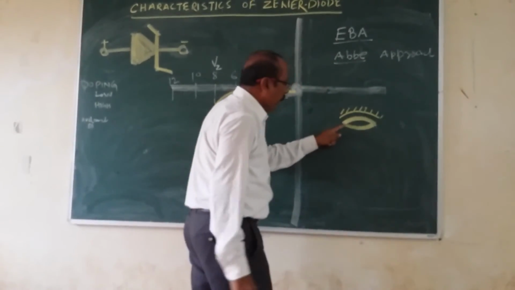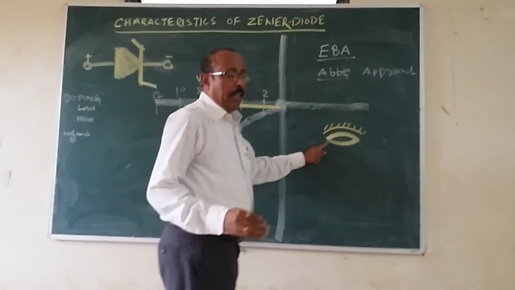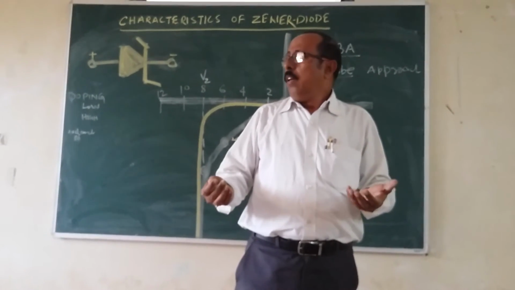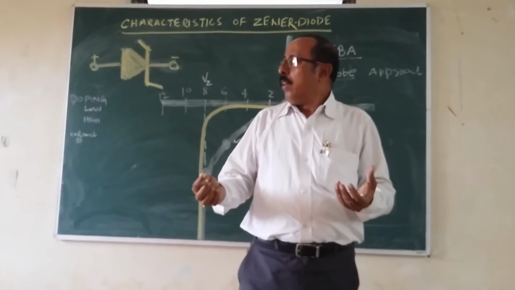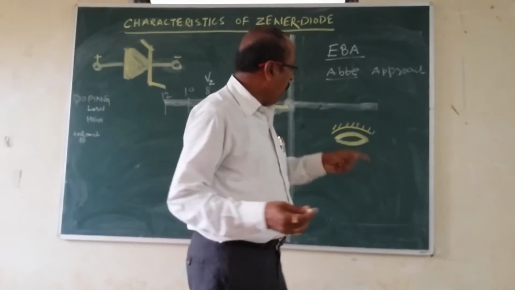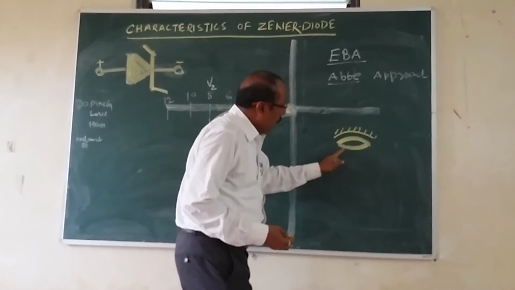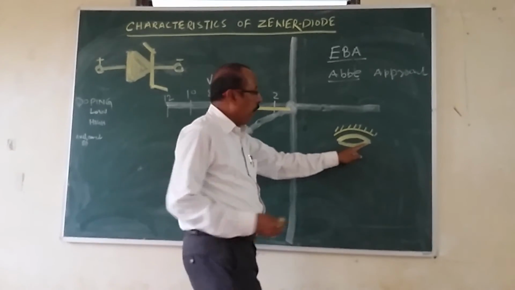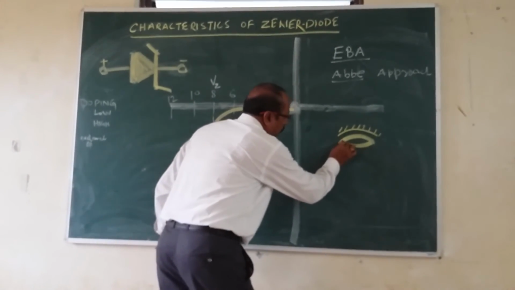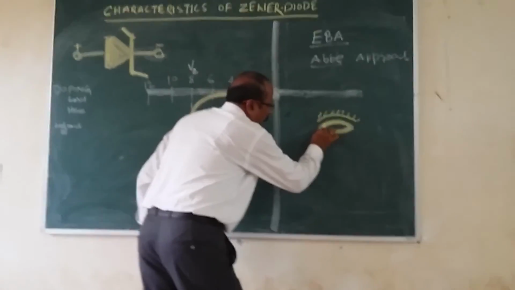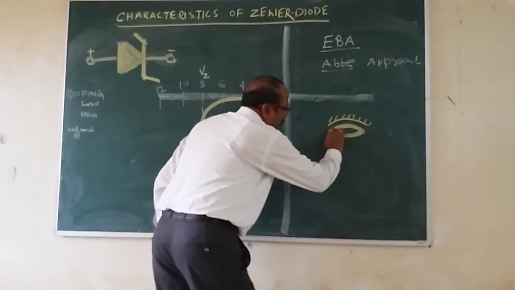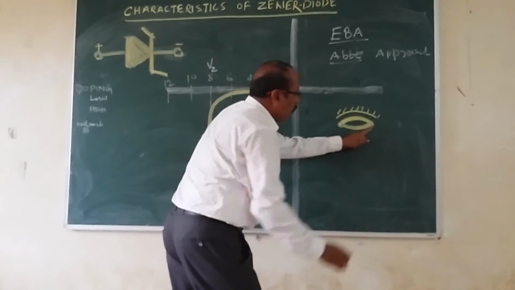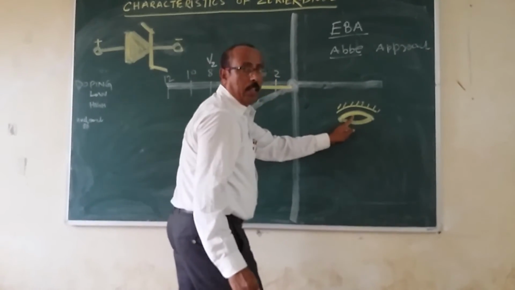Eyeball. In the village or town area, whenever a mother applies kajal to a child's eye, she starts at this point and goes very sharply up to this point, without breaking.